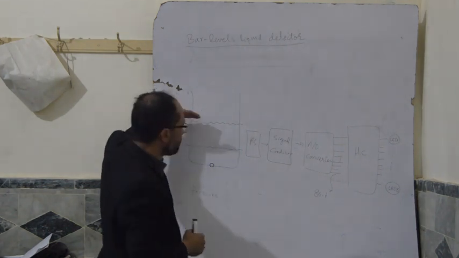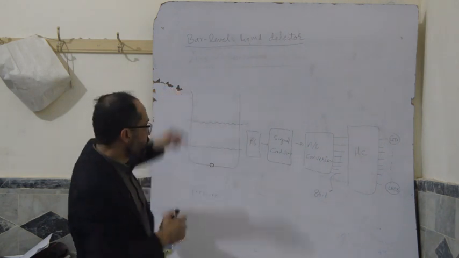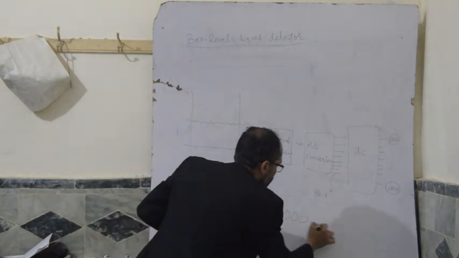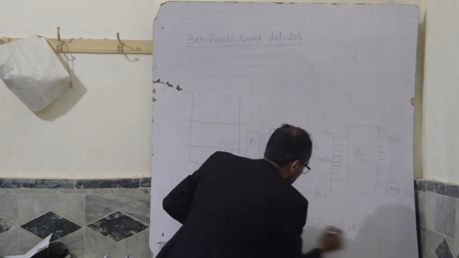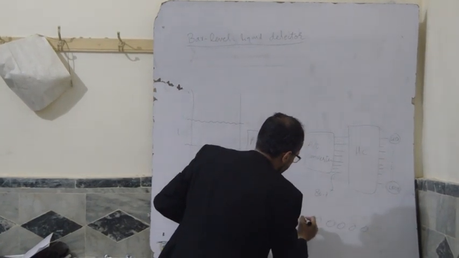So if the fuel tank is half full, it means 4 LEDs should be on.